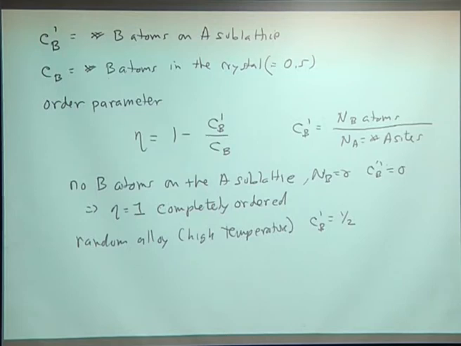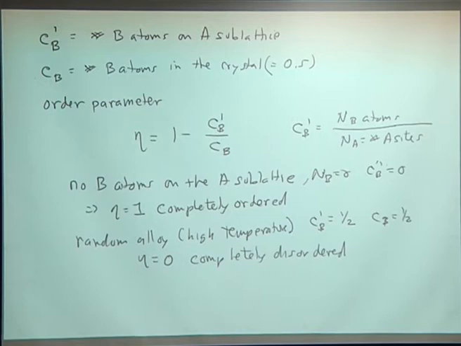And so that means that since C_B is equal to 1/2, eta is equal to 0. So it's completely disordered. And so the order parameter tells you where you are. And I think you can kind of see already what's going on here, right?